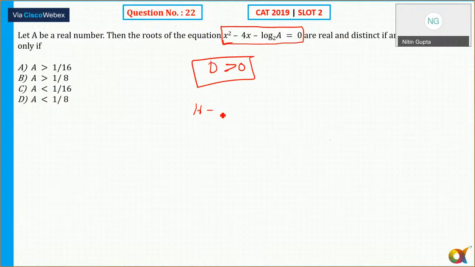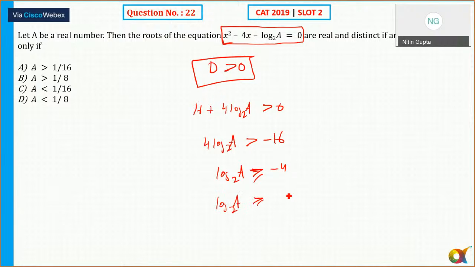So 16 minus 4ac, so this will become plus 4 log a to the base 2, it has to be greater than 0 here. So I have log a to the base of 2 has to be greater than minus 16 by 4, which is equal to minus 4. So I can see log a is greater than or equal to log of minus 4 base of 2.